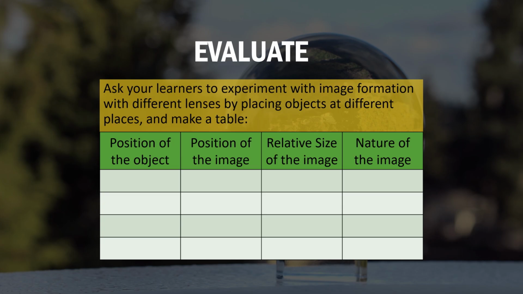Let them place the object at different positions, let them place lenses at different places, and let them try to find out where the image is, what the size of the image is and what the nature of the image is. So, the position of the object, whether it is at f, at infinity, at 2f, between infinity and 2f, between f and 2f, or between f and O, and where the image is being formed. What is the position? What is the size, whether it is smaller, same size or larger? What is the nature? Whether it is a true image or a false image.